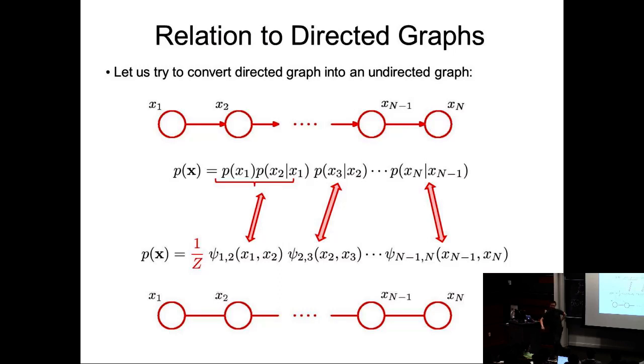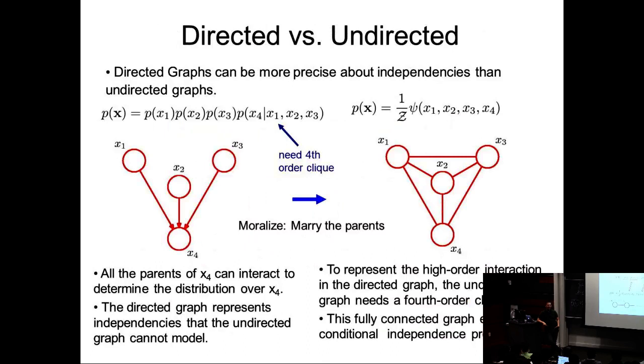I can always say in this case that my pairwise potential is going to be defined as a joint probability, and my next potential is going to be defined as a conditional probability. I can always make this connection. In this case, the two are equivalent. So the question is, what's happening here?